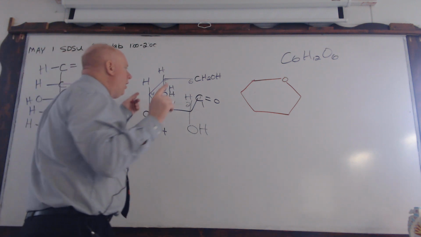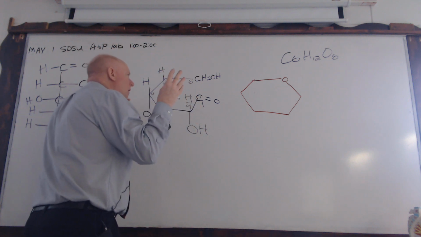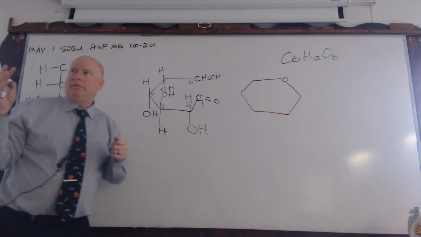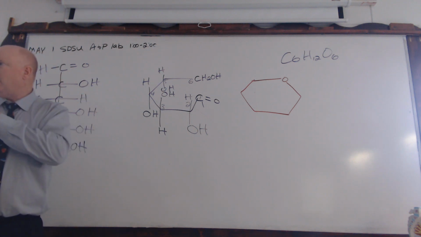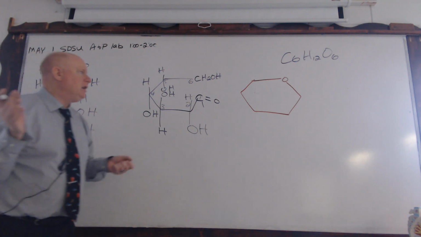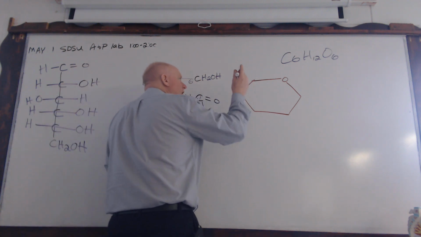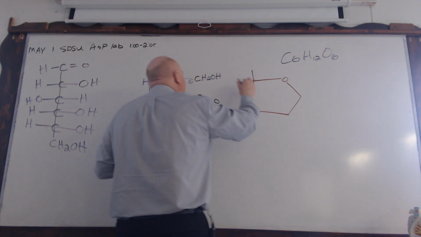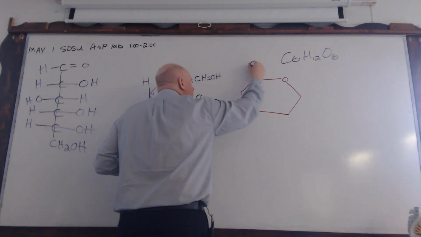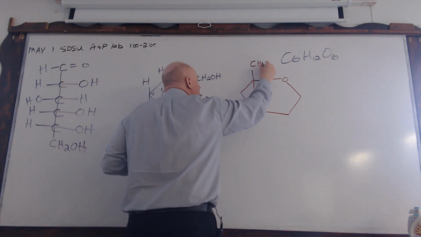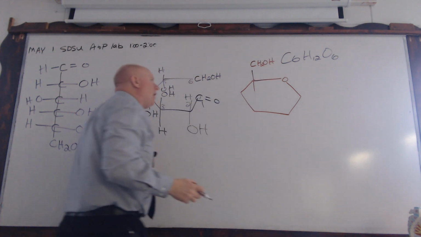And all you need to know, in the senior level class, there's a way that we describe how this actually takes place. All you need to do is be able to illustrate that this 6th carbon is now up top. That's all you need to know. You don't have to describe why.